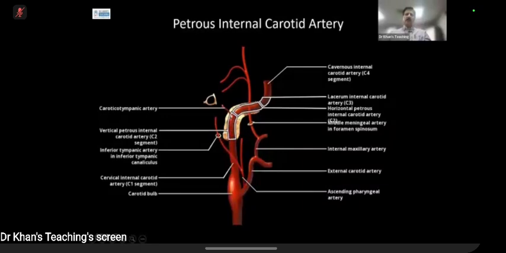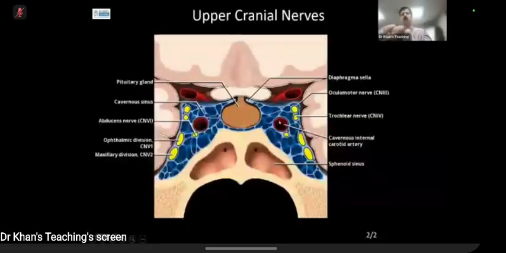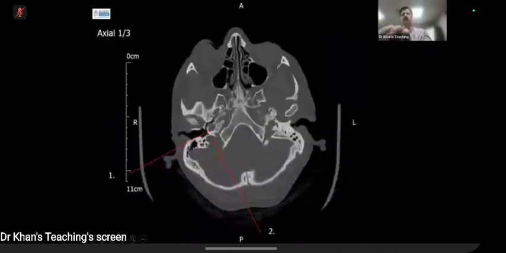You can see this, it is going vertically. This is known as vertical portion. And then there is a horizontal portion in the carotid canal. And then it passes on top of the foramen lacerum. And then it goes into the cavernous sinus. So you remember that this is where it is passing through the cavernous sinus.